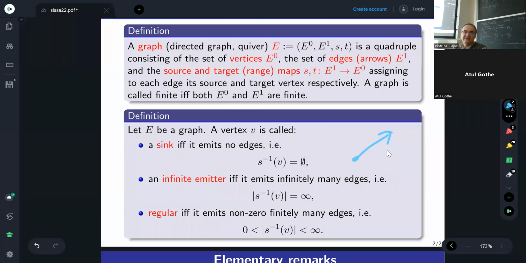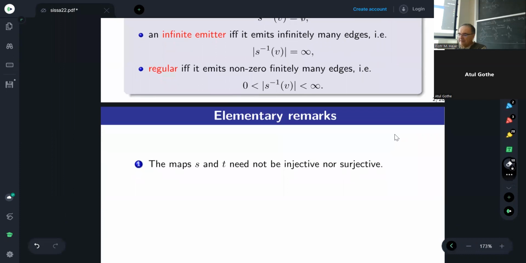It has one edge. So the E^1 set is a one-element set, and it has two vertices. So the source of this edge is this vertex, and the target of this edge is this vertex. That's it. But I will draw some examples in a second.